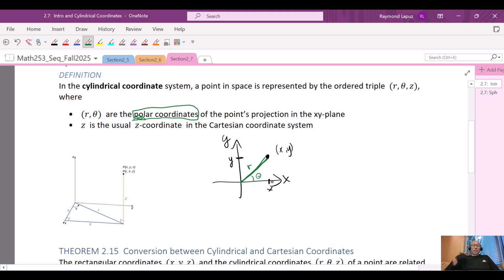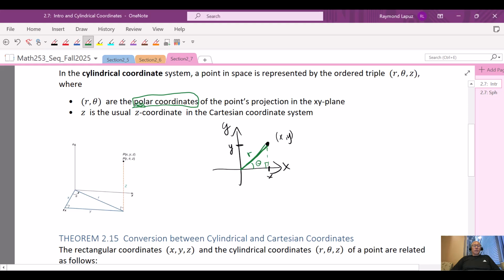Now imagine a third axis that's coming right at you, and now you have this picture, and you see this triangle here is exactly the same triangle that we would have had for Cartesian coordinates, or for polar coordinates, but now we have our third dimension.